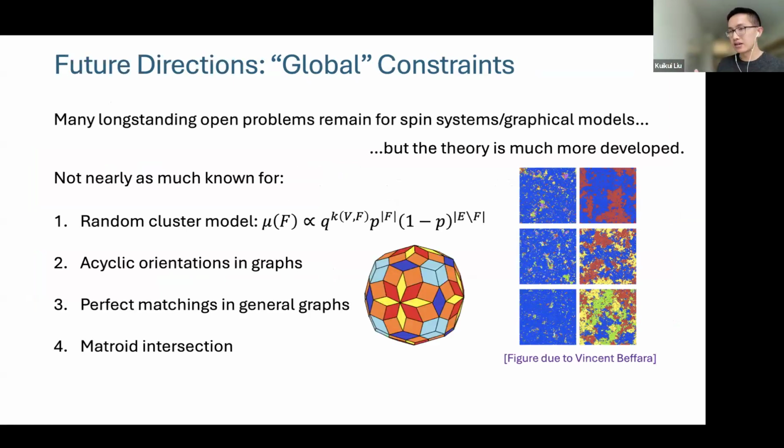Many of the problems that we studied in this talk, for instance independent sets and colorings, are parameterized by local constraints and local interactions. There, the theory is much more developed, but not nearly as much is known for more globally defined distributions like the random cluster model, or more rigid combinatorial structures like acyclic orientations, perfect matchings in general graphs, and so on. So these problems remain wide open.